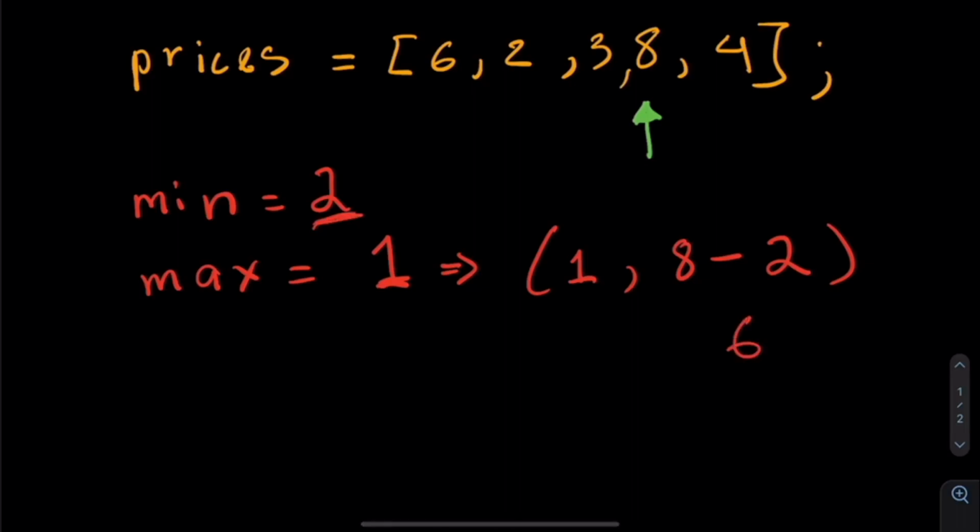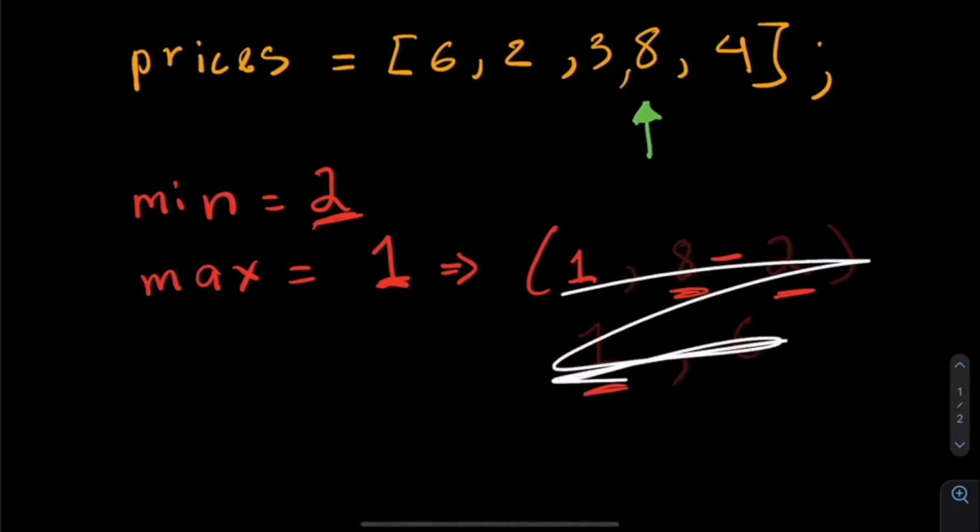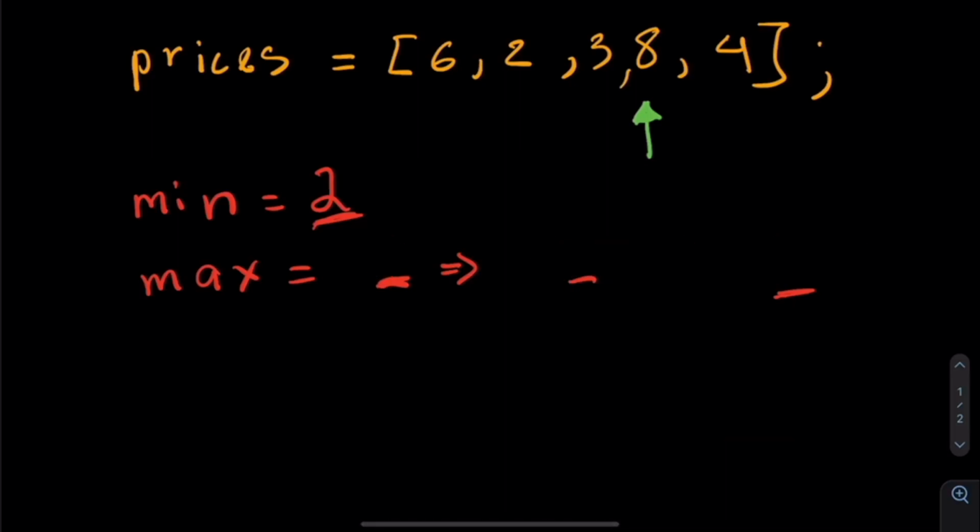So this would be 6 and this would be 1. Our maximum value is the 8 minus the minimum, not the 1. Therefore, we change 1 for 6, and then we can erase this.